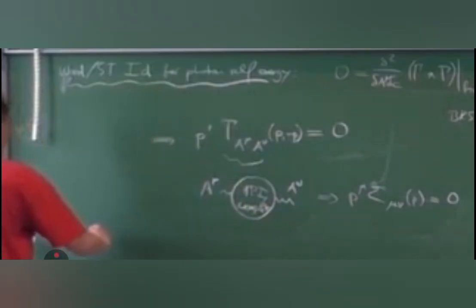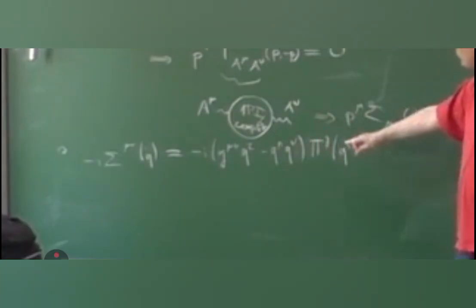And for that reason we can make an ansatz that our photon self-energy, after or before renormalization, Σ^{μν}(q), must be transverse, and so it must have the following form: minus i (g^{μν} q² − q^μ q^ν) times a scalar function which only depends on q², and that scalar function is called Π^γ(q²), and that multiplies this transverse object in the front.